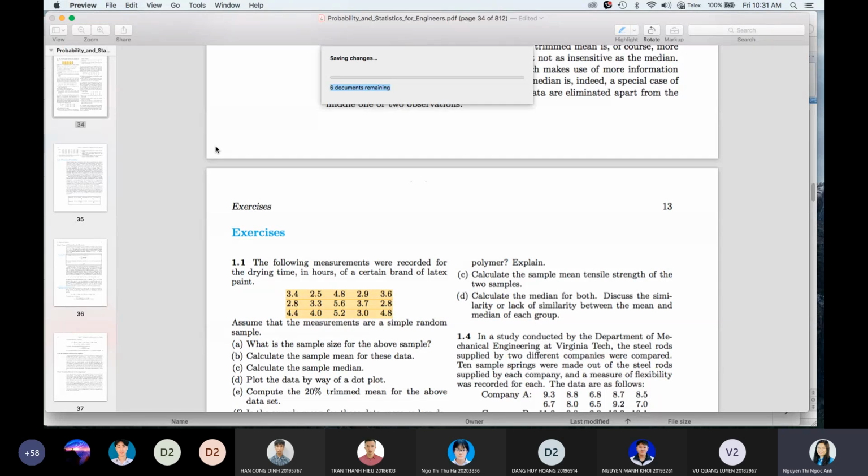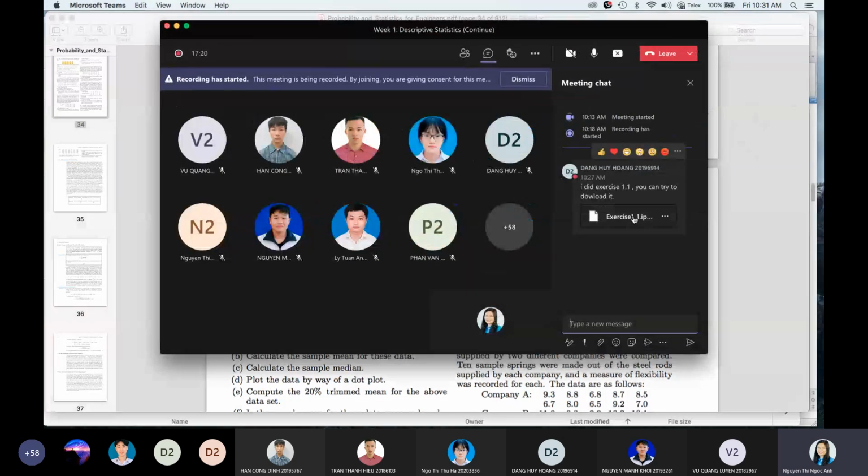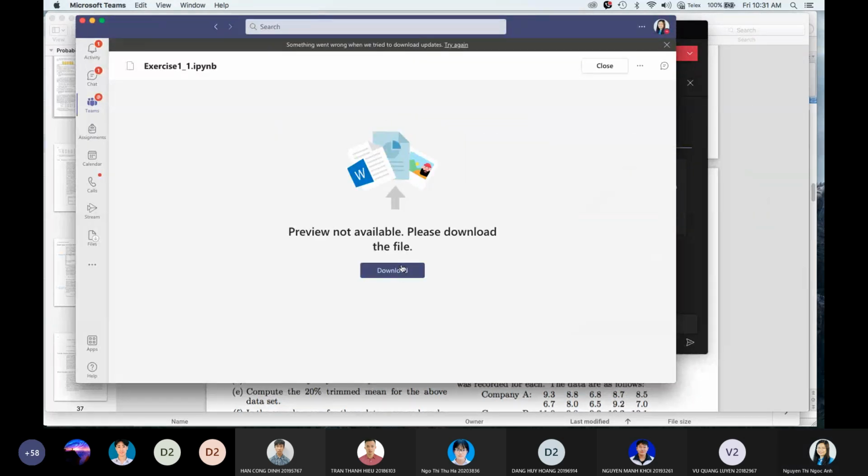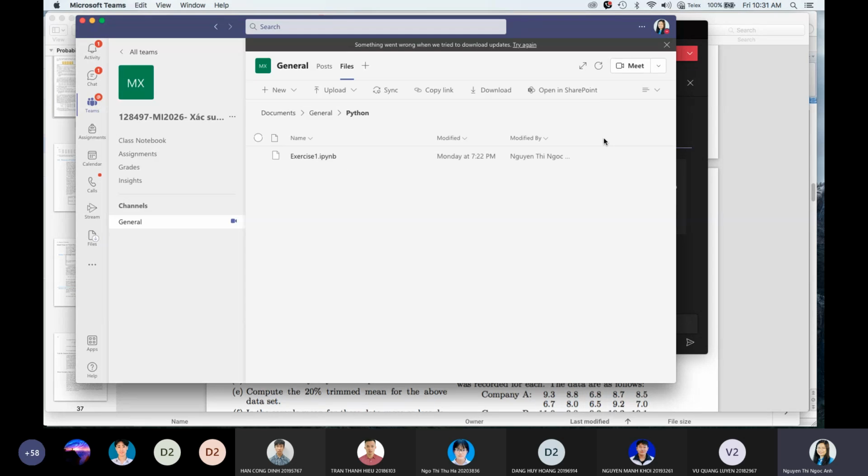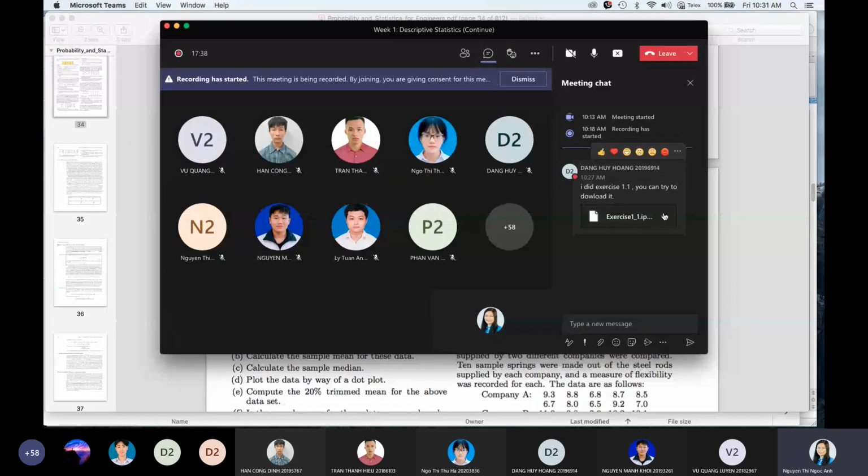Can't download, can't do anything. Can't download it. Review not available. Please download the file. My team have a problem. I don't know why.